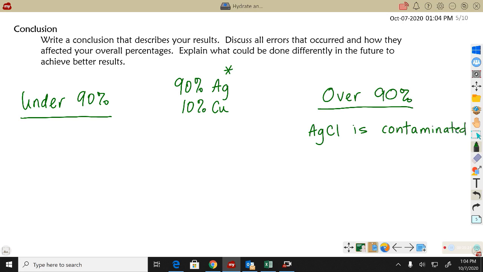There's too much mass on the filter paper. So then we have to think, what are our possible contaminants? Well, I think ours was probably a dirty filtration apparatus.